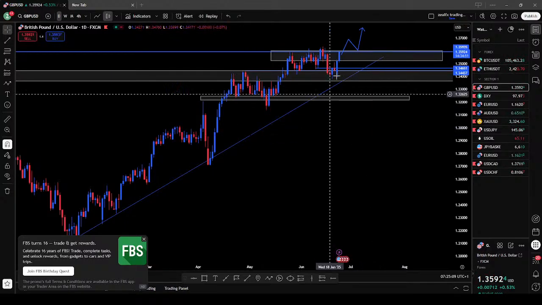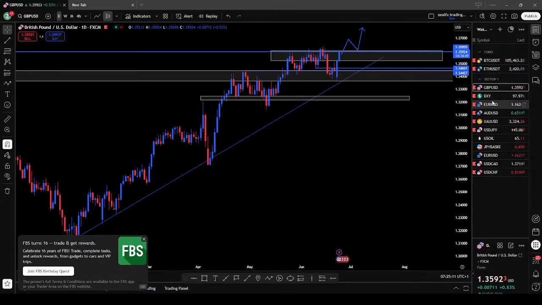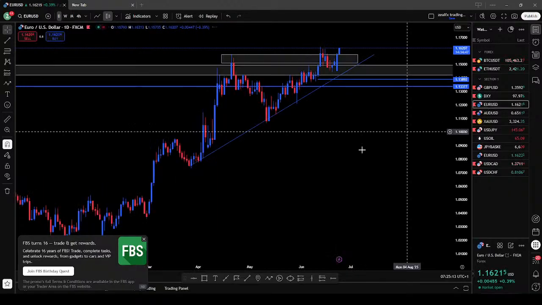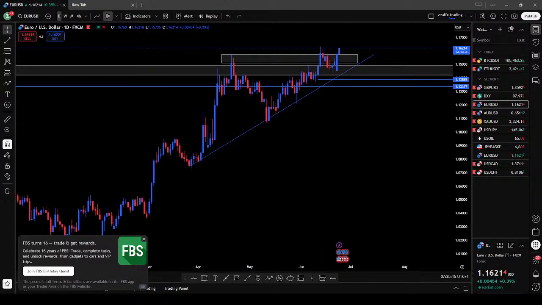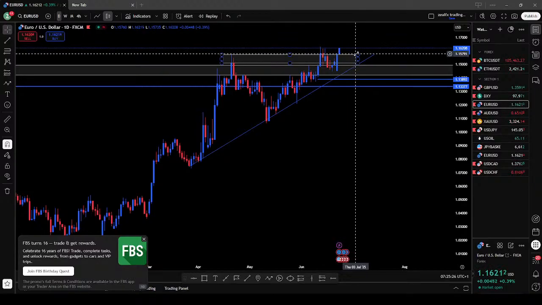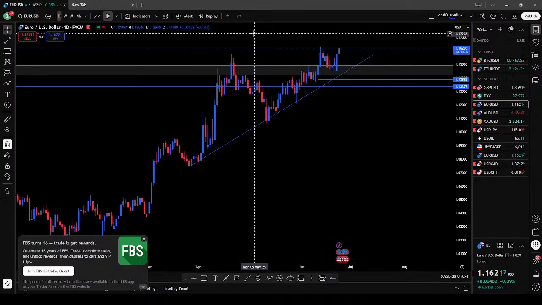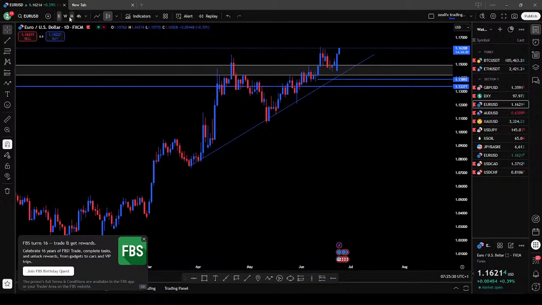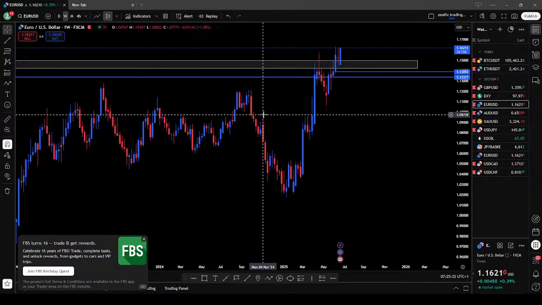So let's look at the EURUSD. EURUSD is still very okay for uptrend. Price is currently bullish on EURUSD.